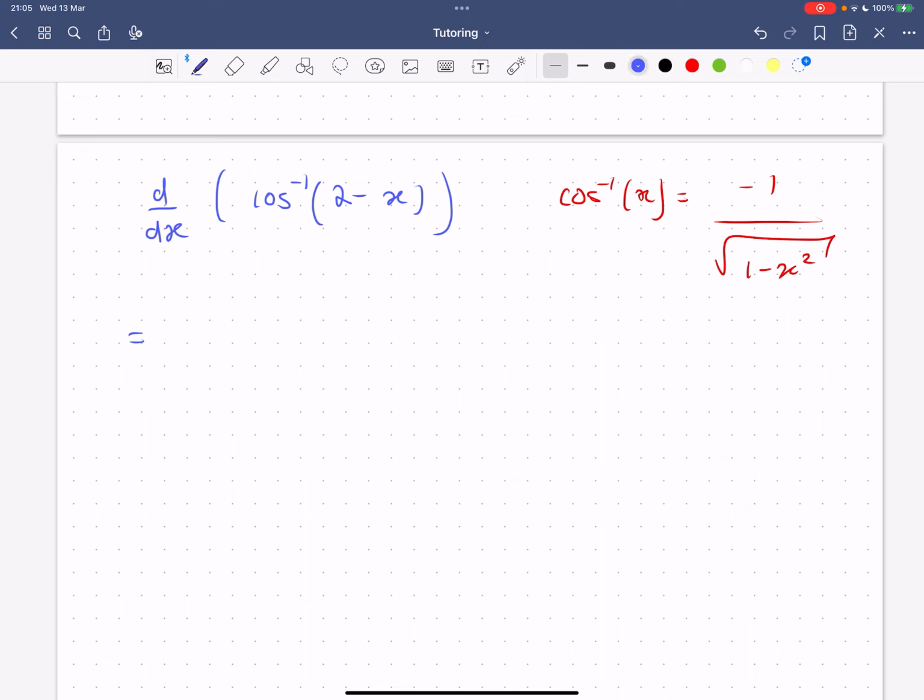And the formula tells us, and often we call it the reverse chain rule, we differentiate the brackets. So differentiate 2 minus x, you get minus 1. That's going to kill that minus 1 up there and make it positive 1 over the square root of 1 minus the thing in the brackets squared.